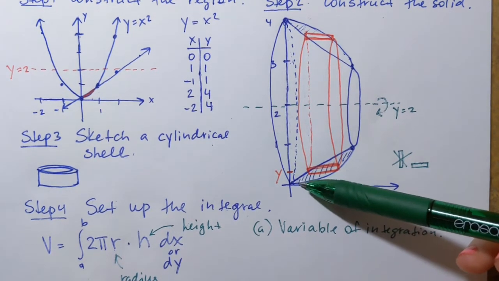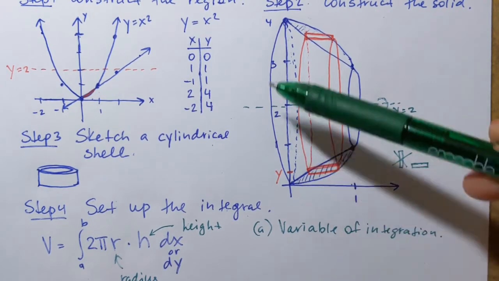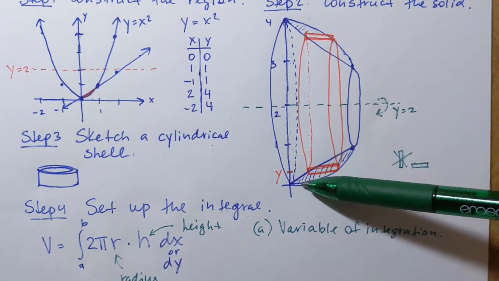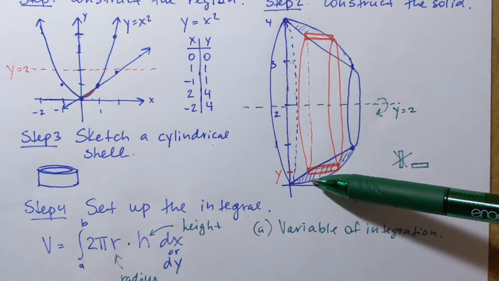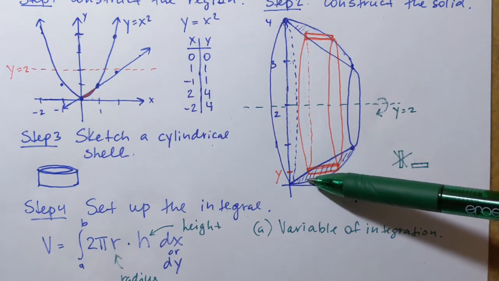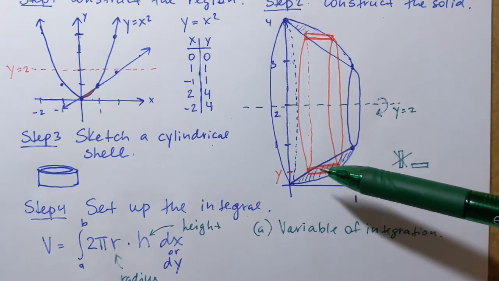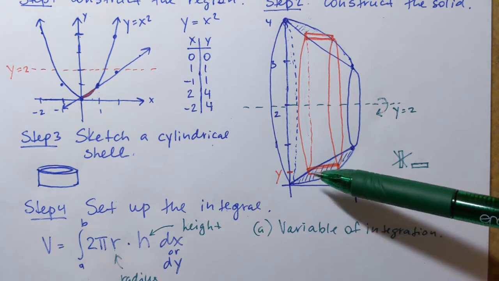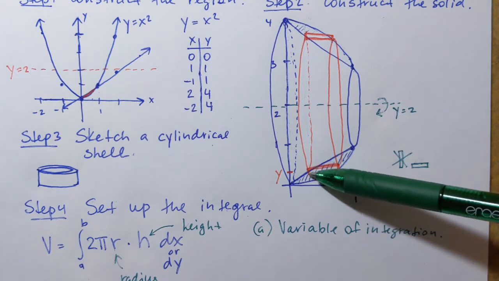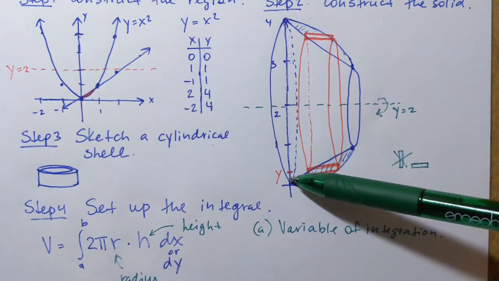Let's say if I put the rectangle a little bit lower, then the shell itself would be wider and, I don't know, maybe a little bit taller or shorter. So again, it depends. But it will have slightly different shape or size, I should say, right? And that means that the size of the shell depends on the position of this typical rectangle along the y-axis.